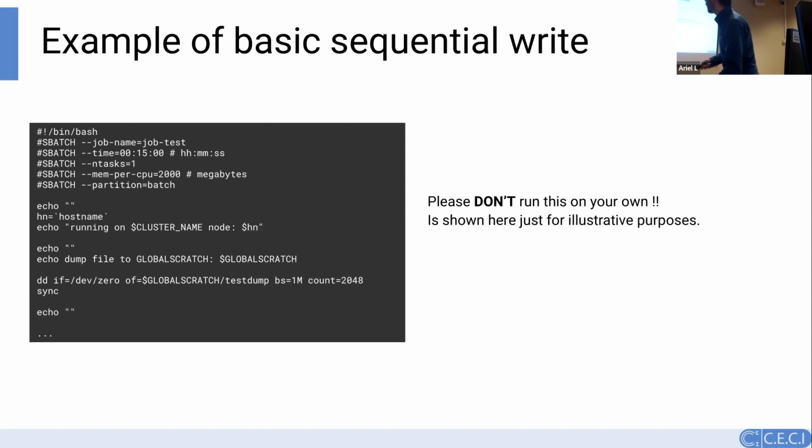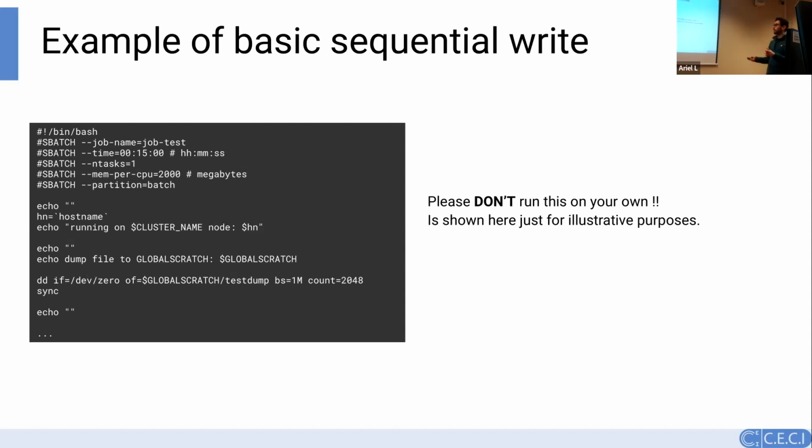But here, this is just an example, to compare with what I showed at the very beginning, with a rough idea of the values. Because I ran this for testing, please don't run this.